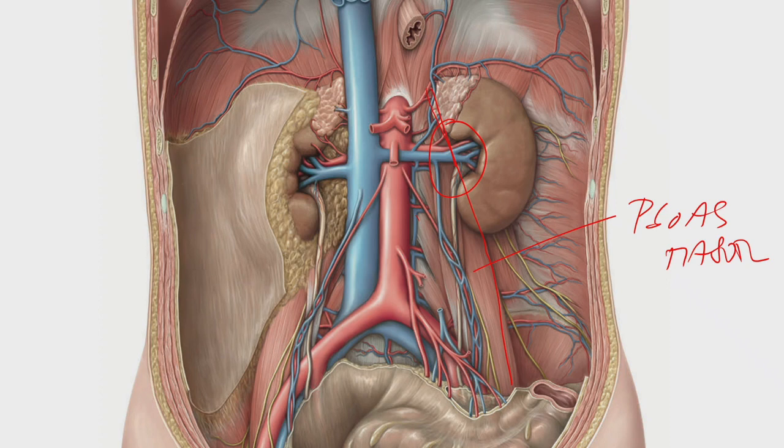The kidney in the retroperitoneum is covered by fatty tissue, like seen on the right side, and it's covered anteriorly by the peritoneal layer, which is the dorsal wall of the peritoneal cavity. So the kidney is dorsal, hence the name retroperitoneum.